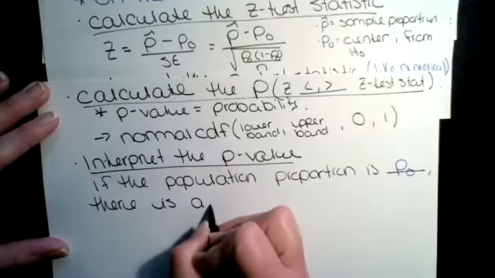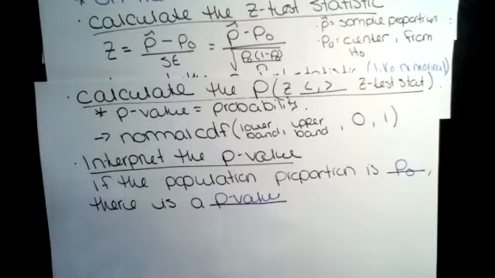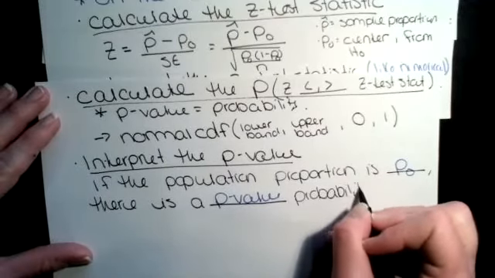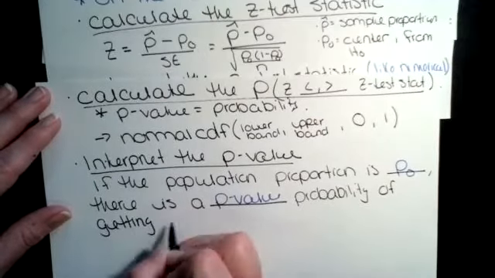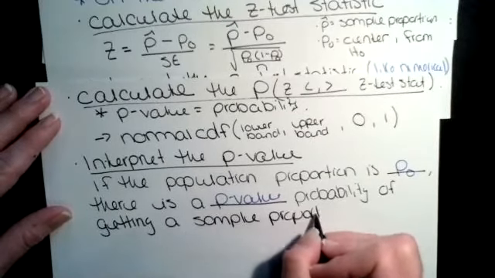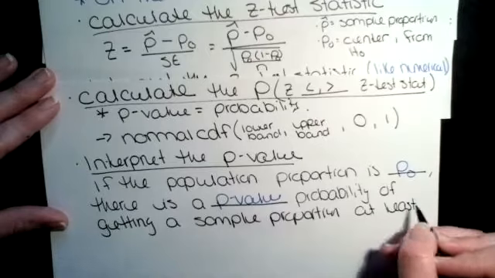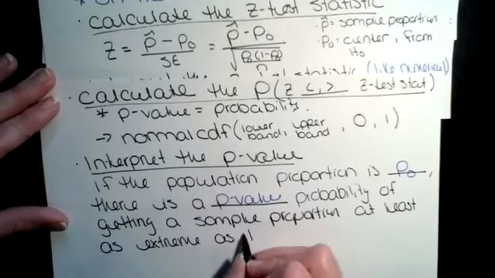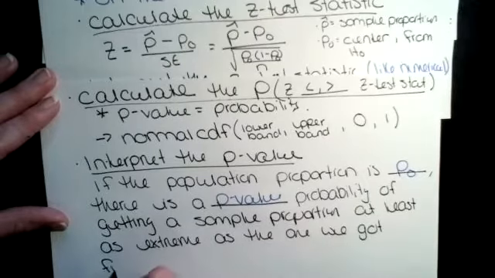There is a p-value. Probability of getting a sample proportion at least as extreme as the one we got from sampling.